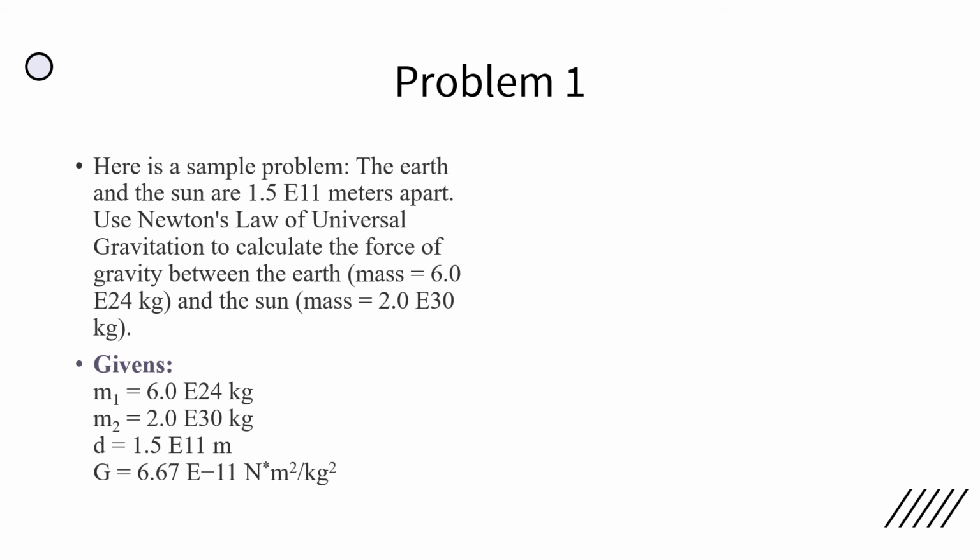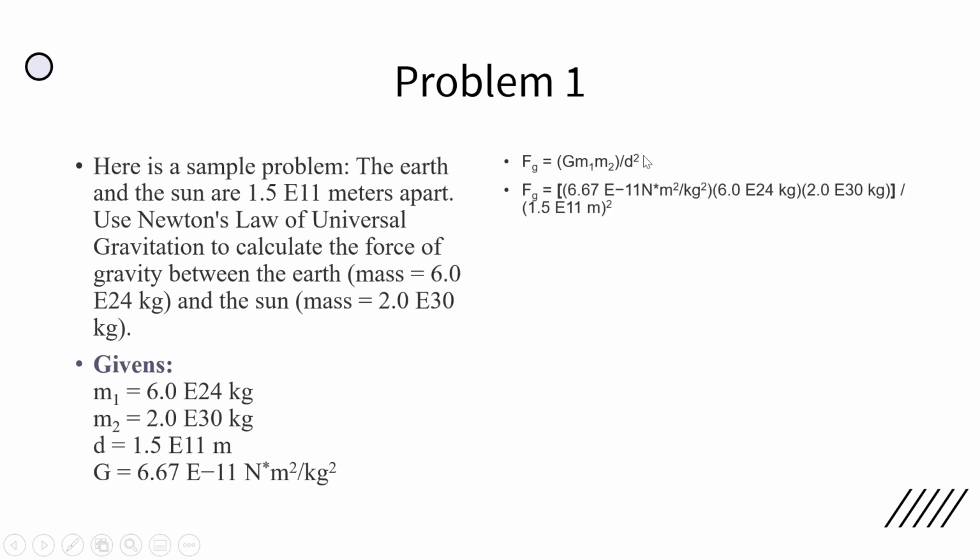So now that we have all of our information, we are going to write down our formula, and this is the formula that we are going to use in order to solve our problem. So we are going to substitute the values. Of course, we have letter G, which is 6.67 e minus 11, and we already have all of the units. We have mass number 1, which is 6.0 e24.